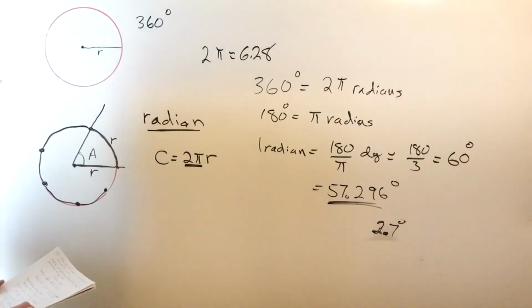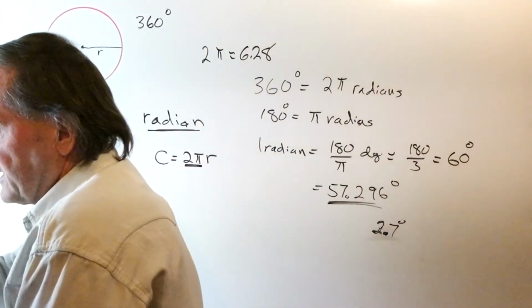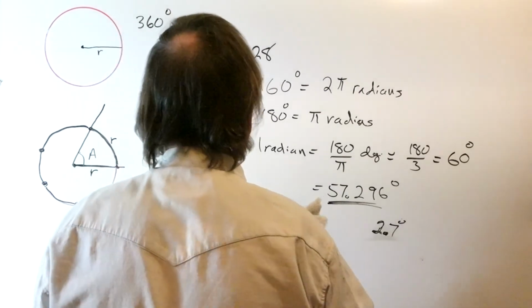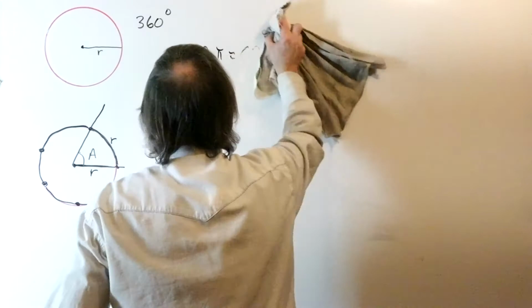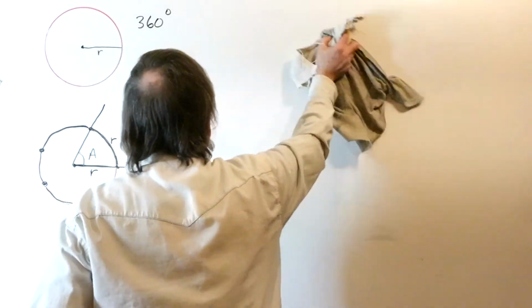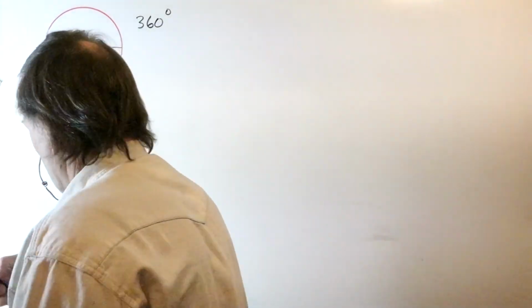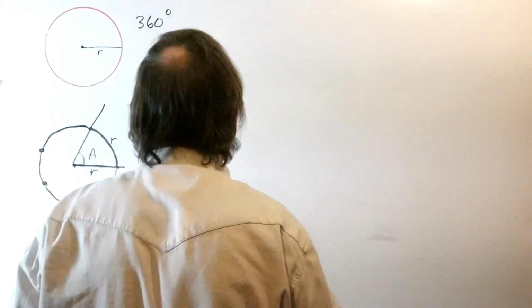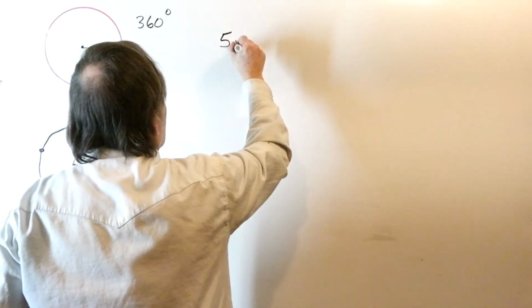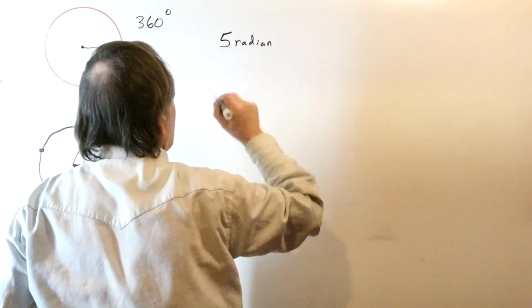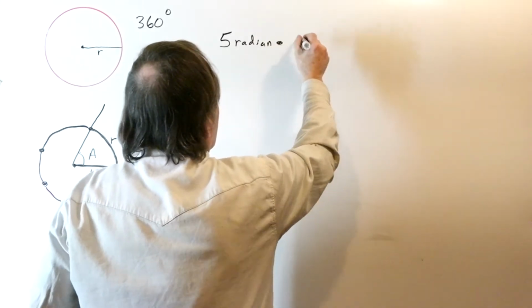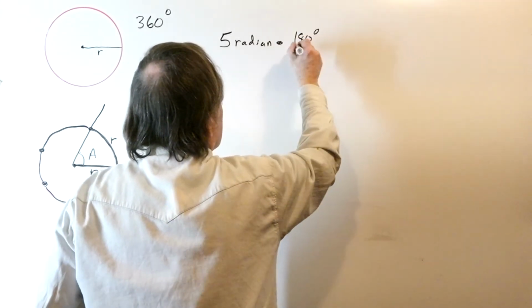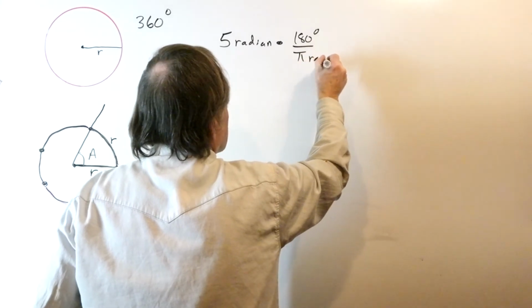Now suppose we want to convert between radians and degrees. By knowing this relationship, that there are pi radians in 180 degrees, it's a very simple matter to convert between one and the other. Suppose we have an angle of 5 radians. How many degrees is that? Well, we know that there are 180 degrees in pi radians.